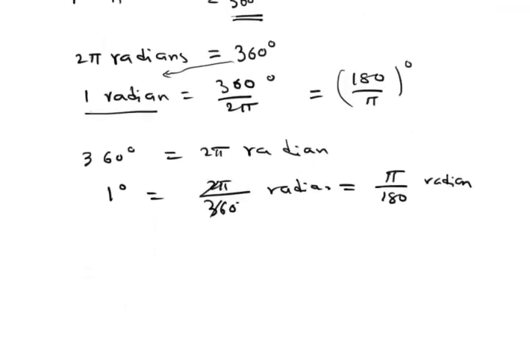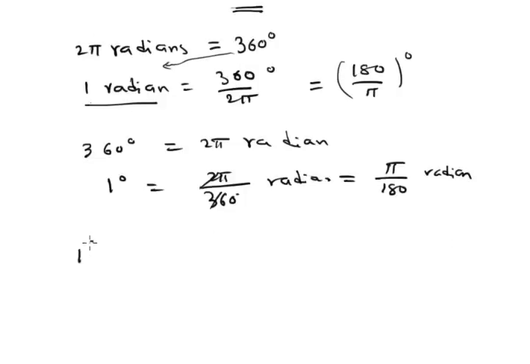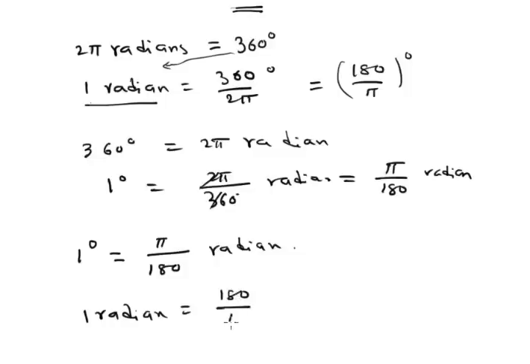If we write it properly, 1 degree equals pi divided by 180 radian, and 1 radian equals 180 divided by pi degrees.